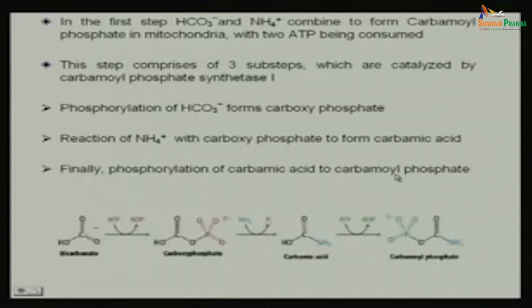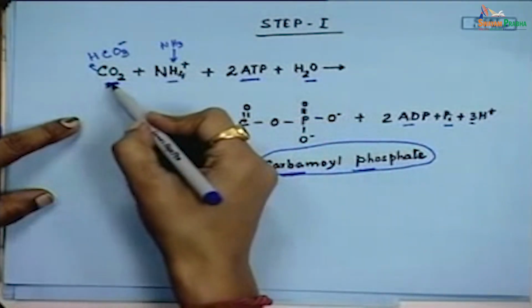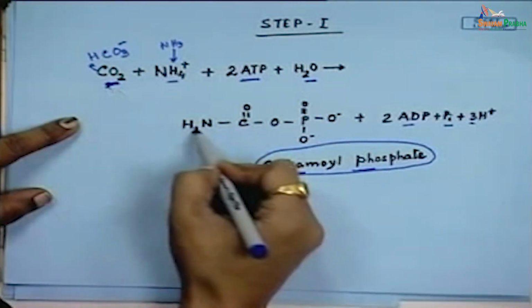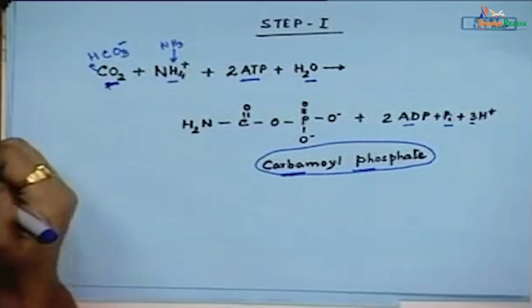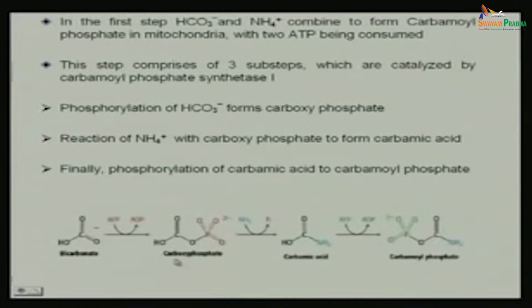So, we can see that though this reaction is showing a single step, in reality it is a complex reaction where three sub steps are needed, where bicarbonate is converted to carboxyphosphate, carboxyphosphate is converted to carbamic acid, and ultimately carbamoyl phosphate is produced.